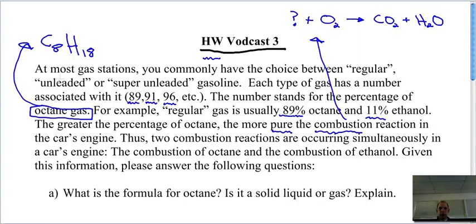Thus, two combustion reactions are occurring simultaneously, and that comes from the fact that we'll have octane right here and ethanol. The combustion of octane and the combustion of ethanol. Given this information, please answer the following questions.